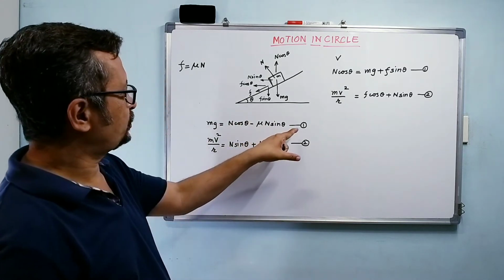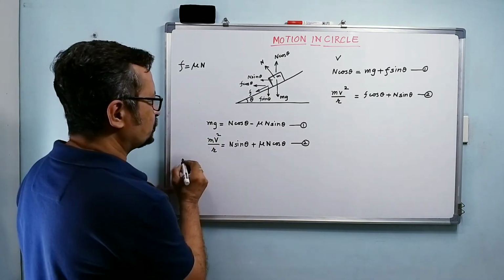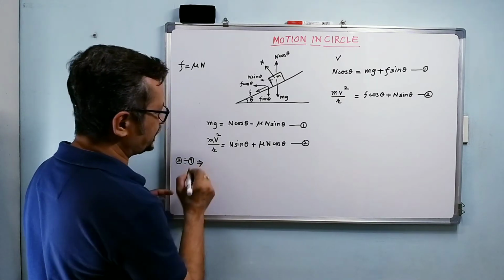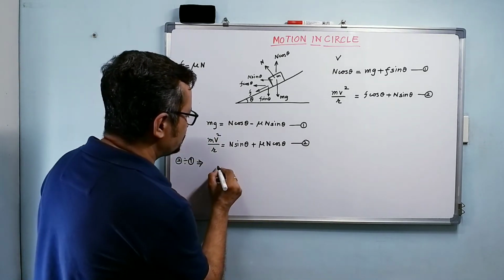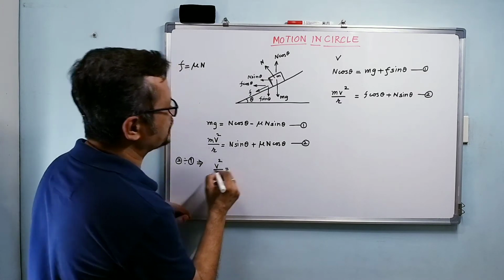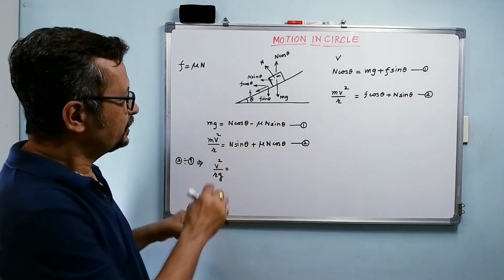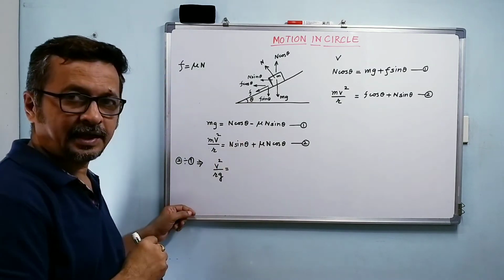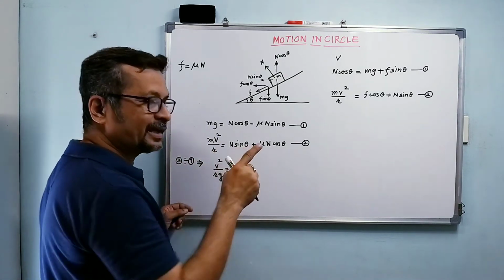What I'm going to do is divide the second equation by the first equation. So 2 upon 1 gives me, now obviously on the left hand side my m is going to get cancelled, correct? So my v square upon rg is equal to, when you divide 2 by 1, you see n here and n here, so you can cancel this n.